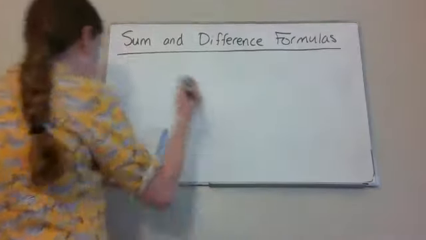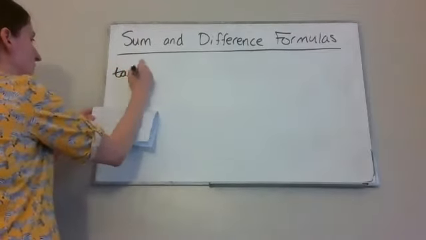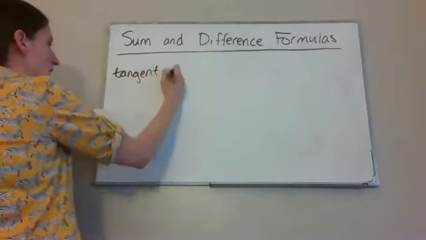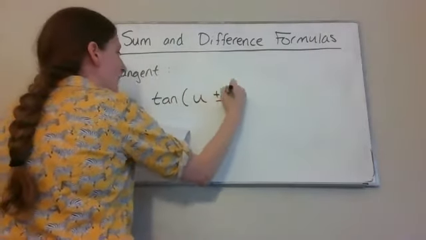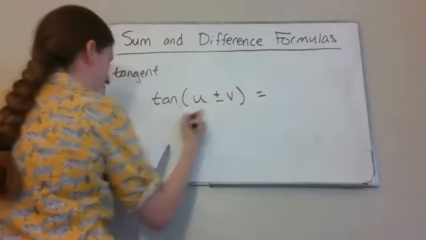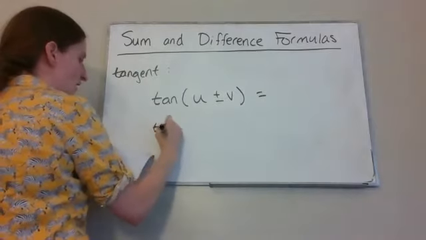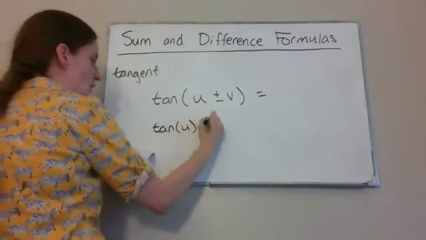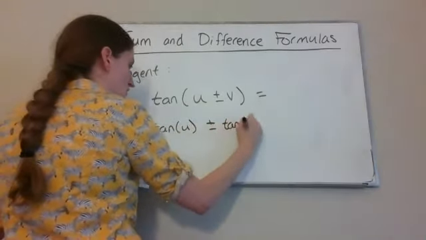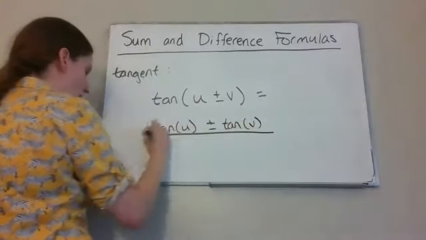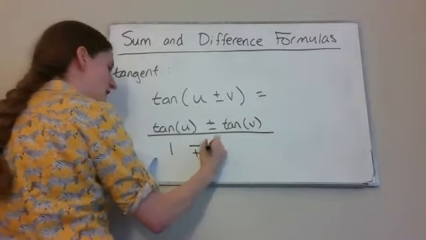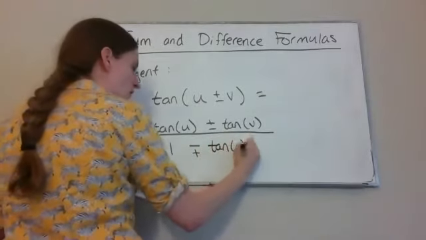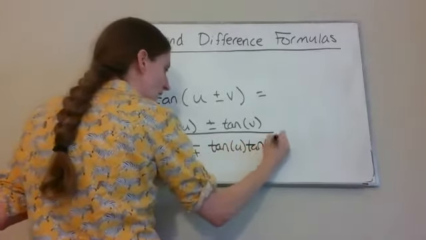Then our tangent formula, we have tangent of u plus or minus v is equal to tangent of u plus or minus tangent of v, all divided by 1 minus or plus tangent of u times tangent of v.